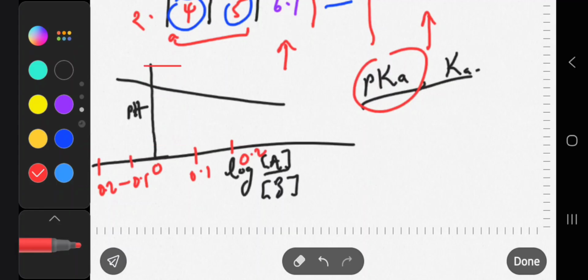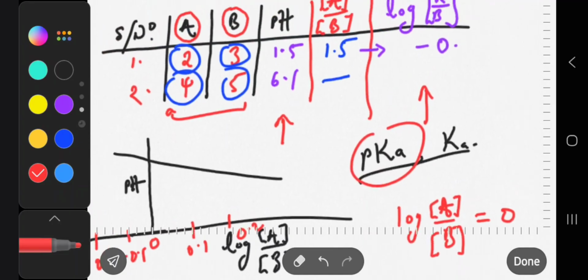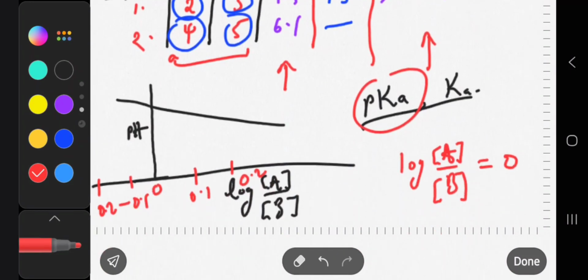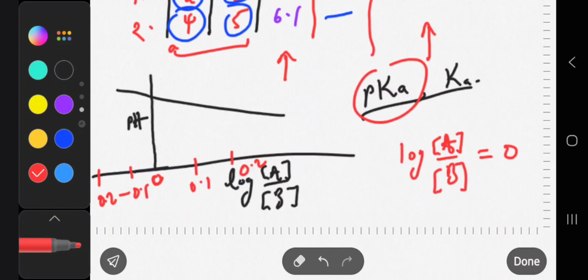This is pH, the vertical one, the pH value when log of, let's say, A over B concentration in this experiment in form of volume is equal to 0. All right. So once you've prepared your table, you could possibly get a 0 in between. That is why the graph is always like this.